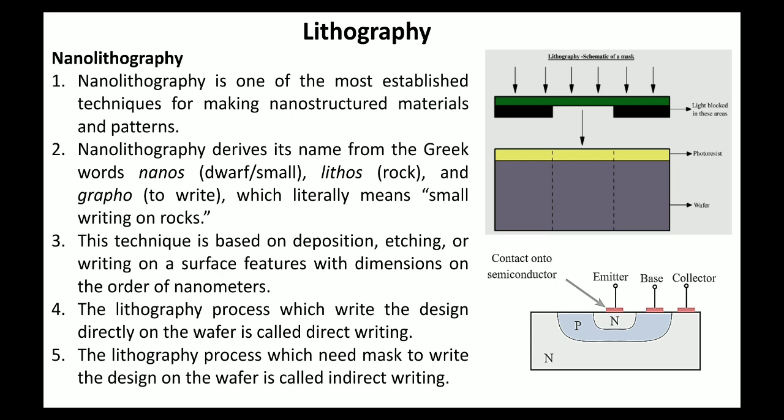So some part of the photoresist gets illuminated with light, and on some part there is no light.